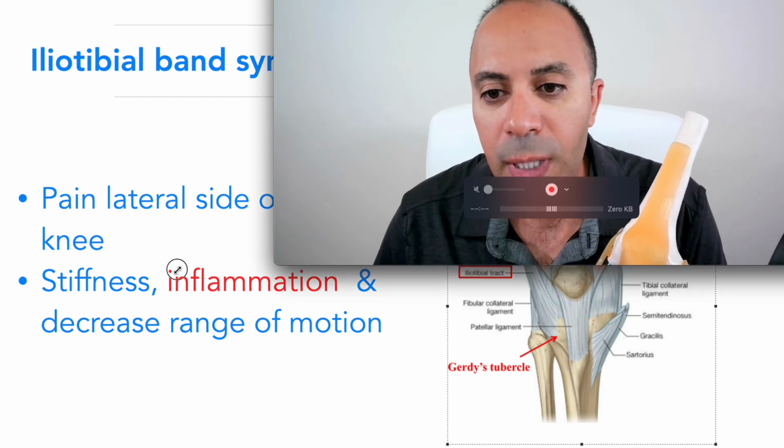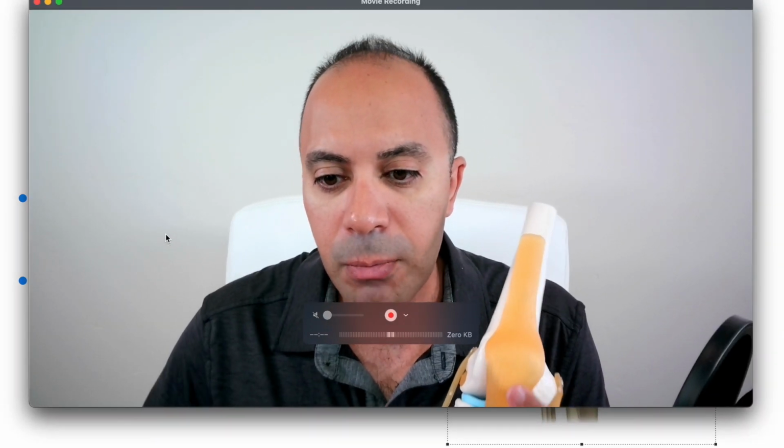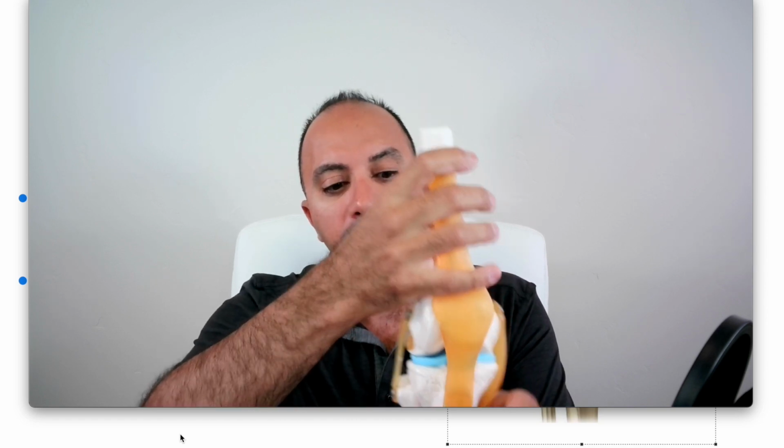So the front of the knee, it looks like this in this model here. So this is the fibula, the tibia bone, the femur, and your knee. When you flex and extend, it goes up and down like this, and the IT band is attached here. So it's kind of crossing the knee joint. And when you have a tightness or fascia restriction, scar tissue in the IT band, that will limit the movement of your knee.